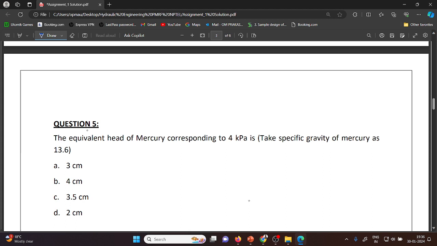The question is: the equivalent head of mercury corresponding to 4 kilopascal is. The specific gravity of mercury is given, 13.6. Sir, I will try to solve. Yes, sure. You have 3 to 4 minutes. Then after I will show the answer and explain what is actually the meaning.